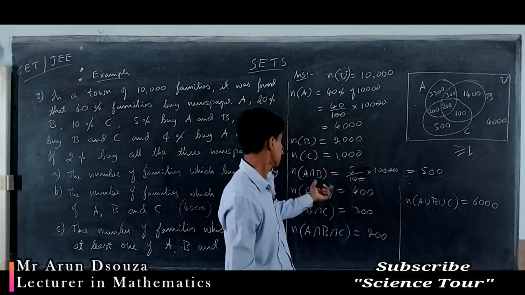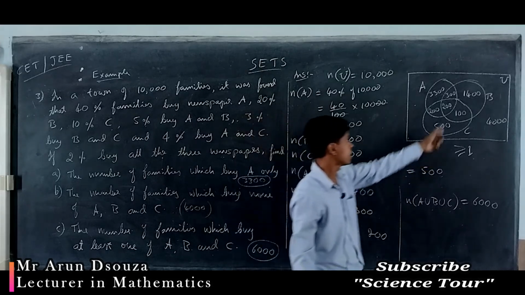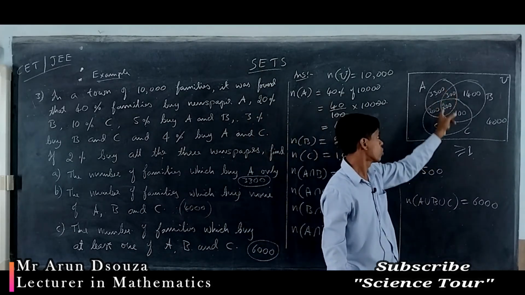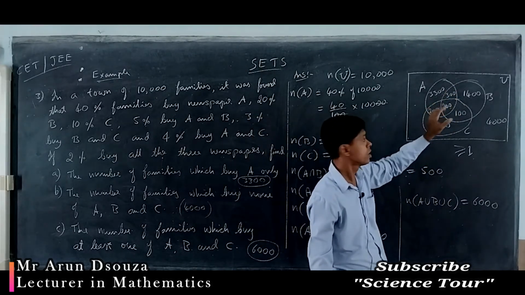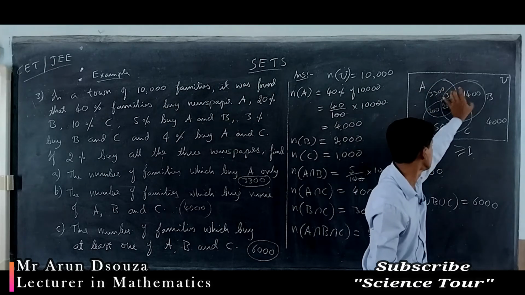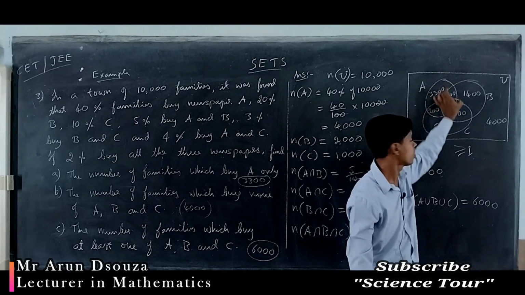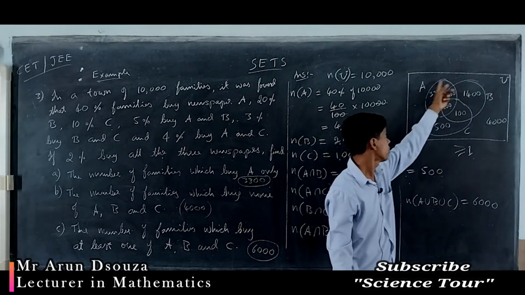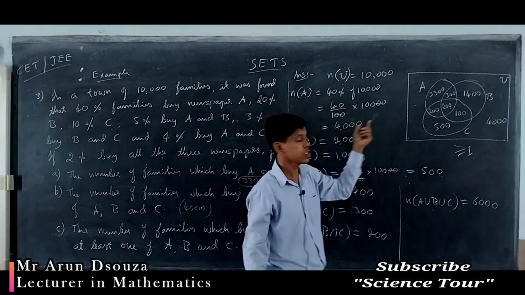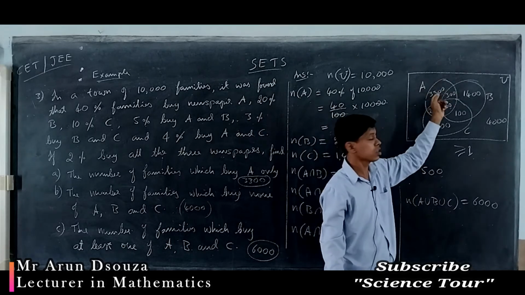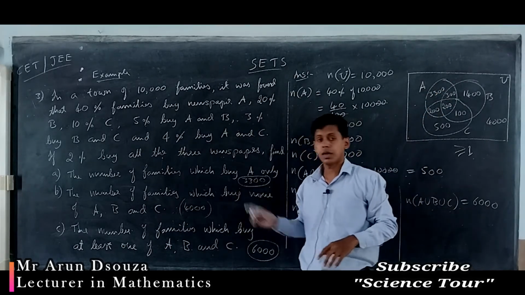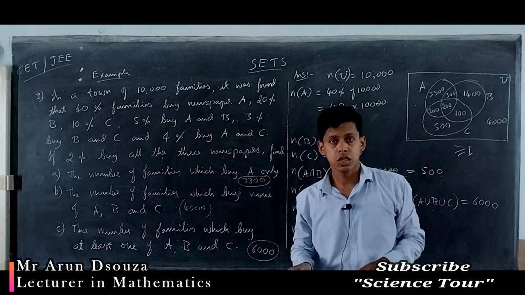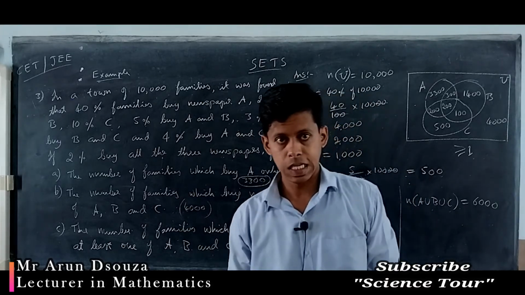Don't write, since A intersection B is 500, don't write 500 here. This total region must be 500. Intersection of A and B, this total region must be 500. Keep that in mind. And this total circle of A must be 4,000. So don't write only A 4,000. Only A is 3,300. I hope you understood this data.